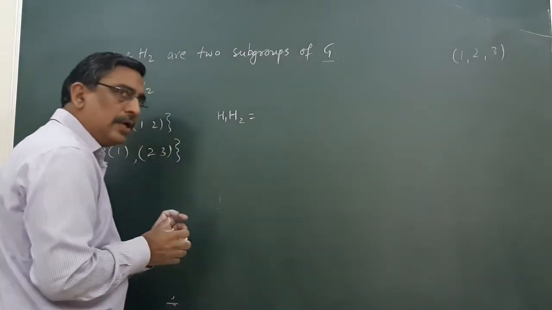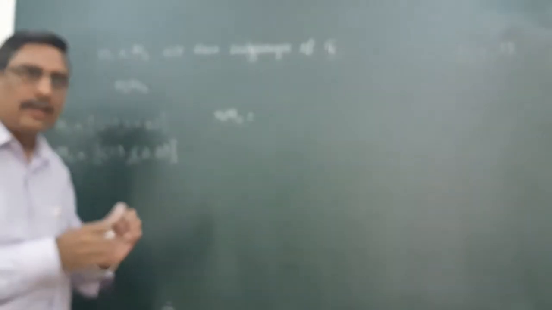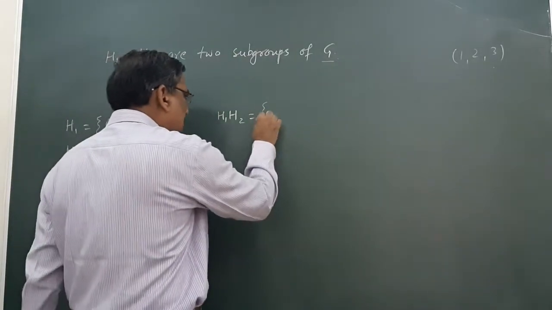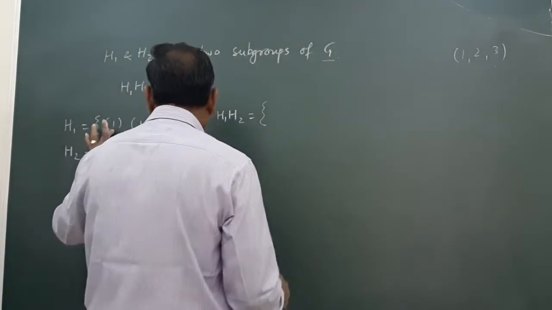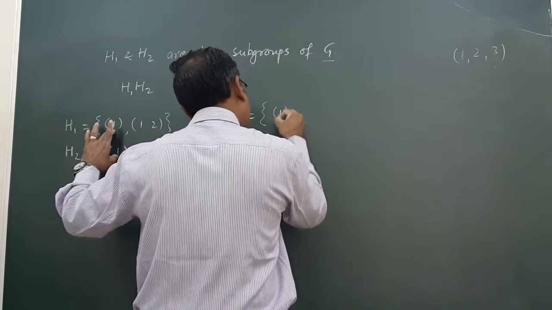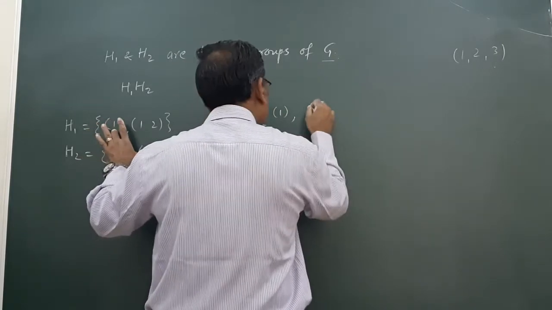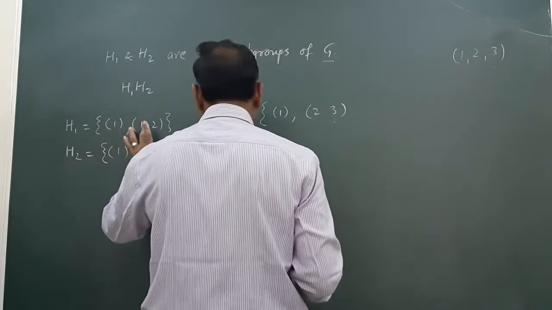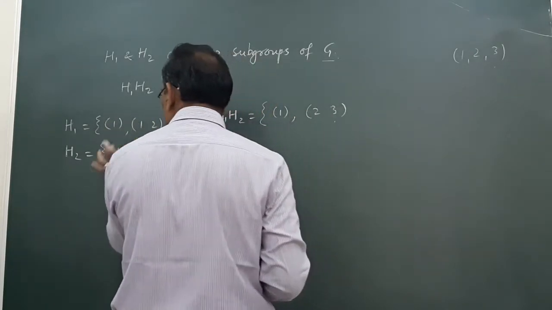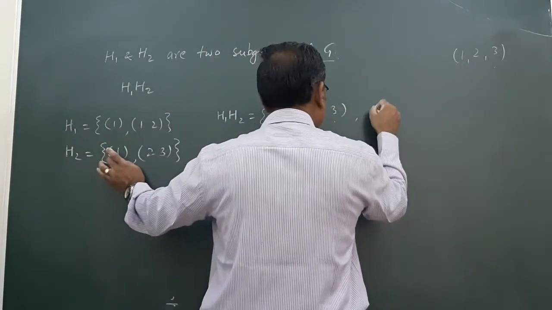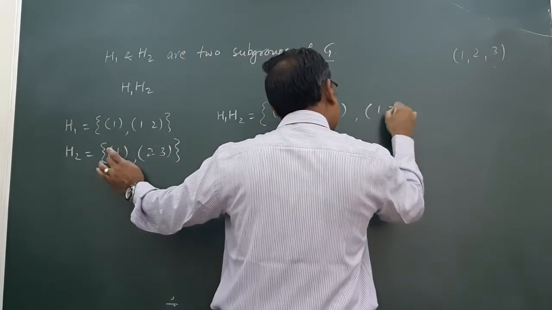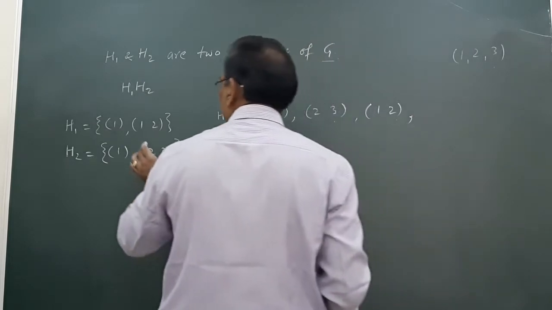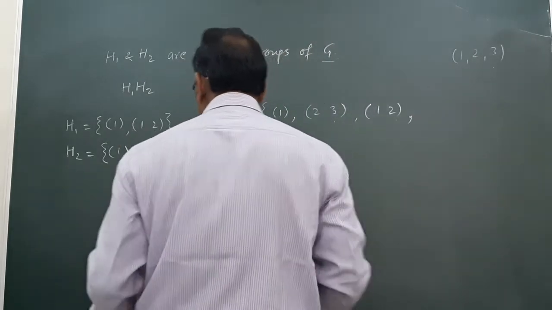We know H1 H2 is nothing but the combination of all of these: the identity into identity, the identity into (2 3), (1 2) into the identity, which is (1 2), and (1 2) into (2 3). What is (1 2) and (2 3)?